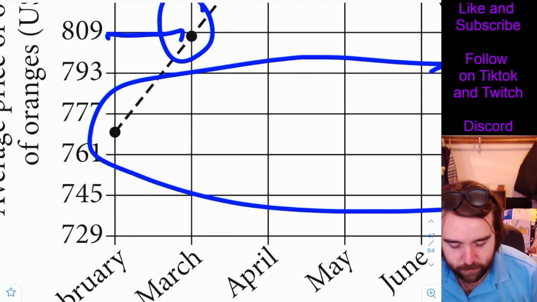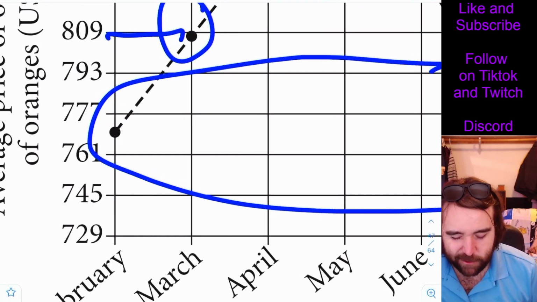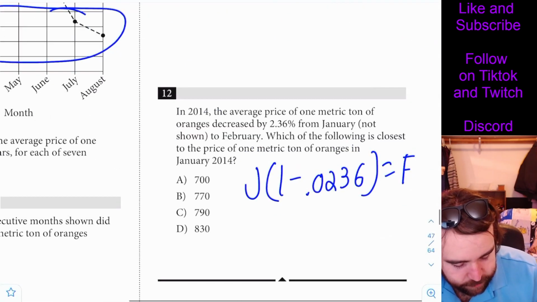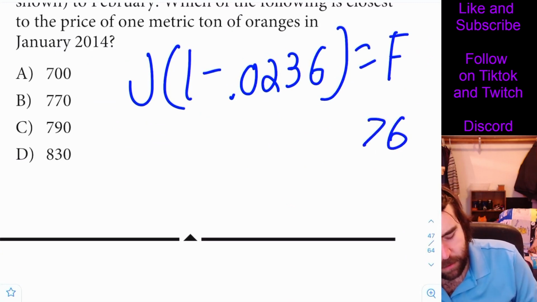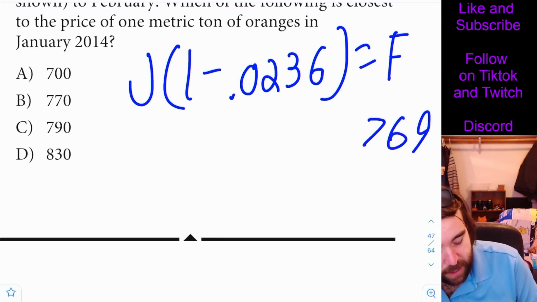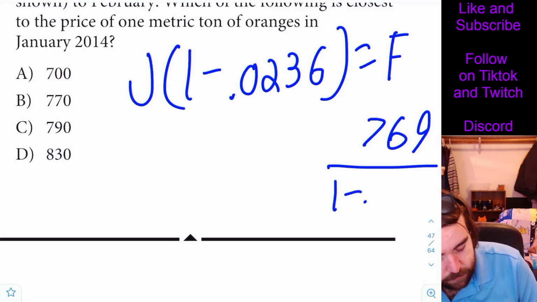That's definitely right in the middle. So it's like what? 770? 769? We'll go 769. 69 is a nice number. So we'll go February is 769 divided by all of that.